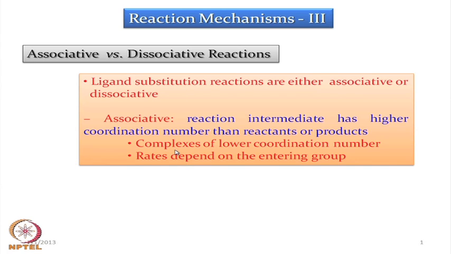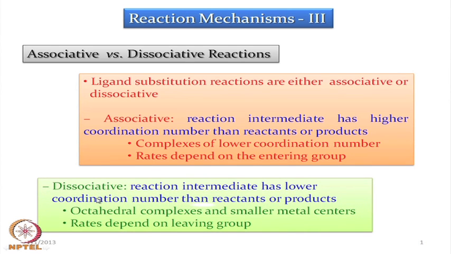These associative reactions are possible when we have complexes of lower coordination number. If the coordination number is less, it can accept one or two more bonds to form the higher coordination number for the transition state, and the rate depends on the entering group. That means the group which is coming and attaching to the metal center will control the reactivity pattern as well as the rate of the reaction.